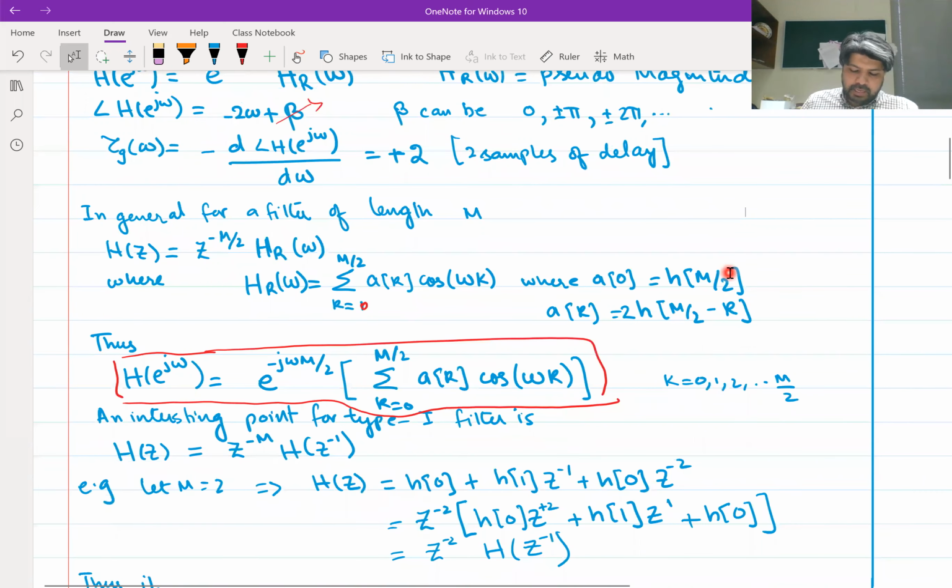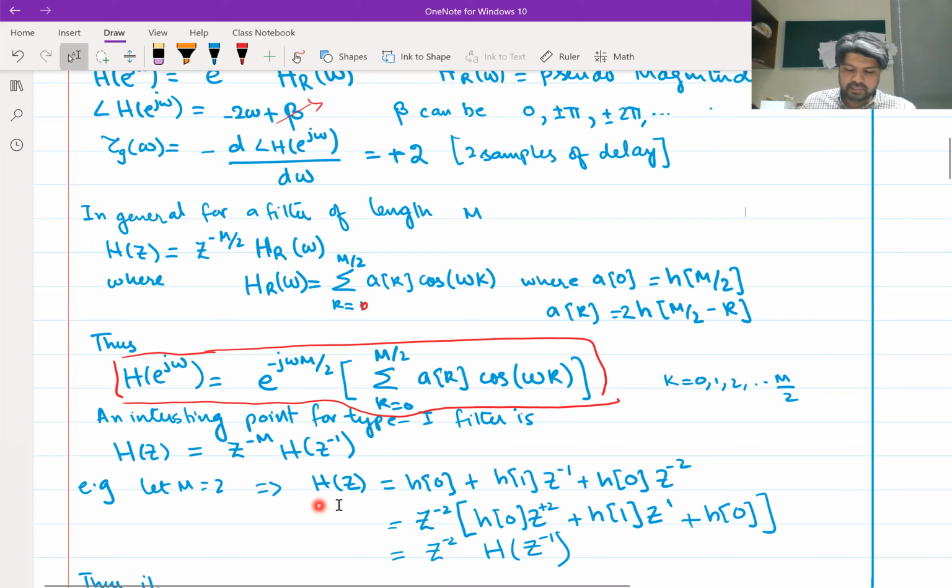Very good. An interesting point about a type 1 filter is that h of z is equal to z to the power minus m times h of z inverse. To see this, to prove it, let m is equal to 2 as an example so that you can be convinced, because this allows us to draw very important conclusions.